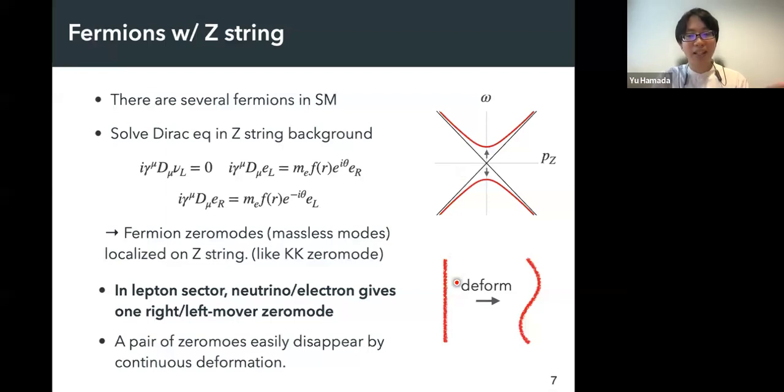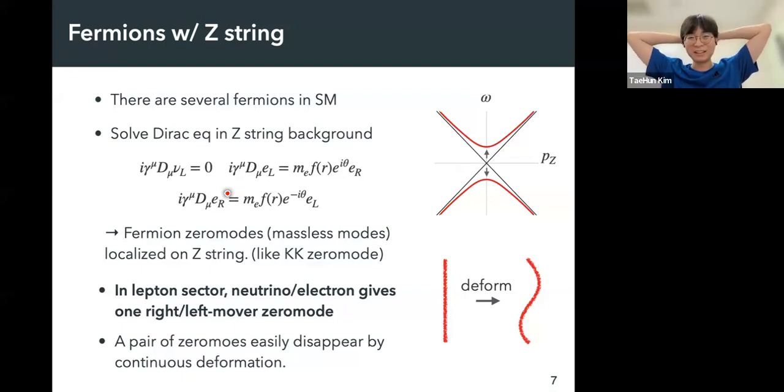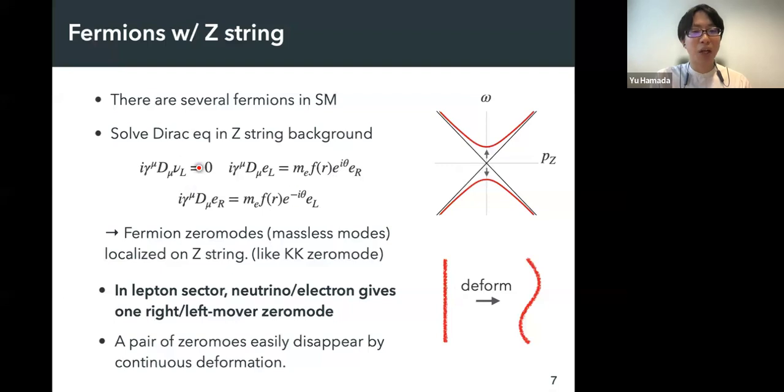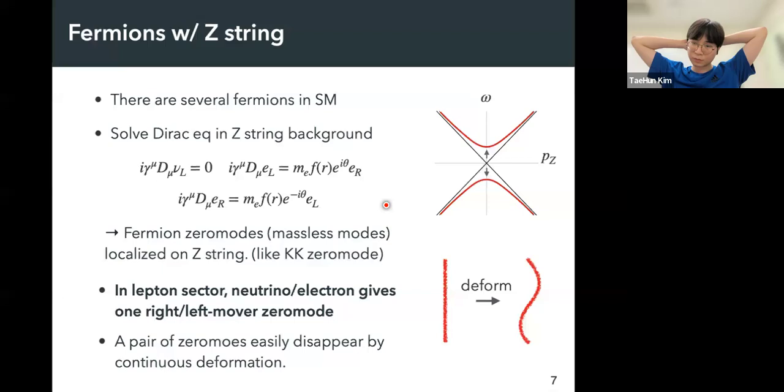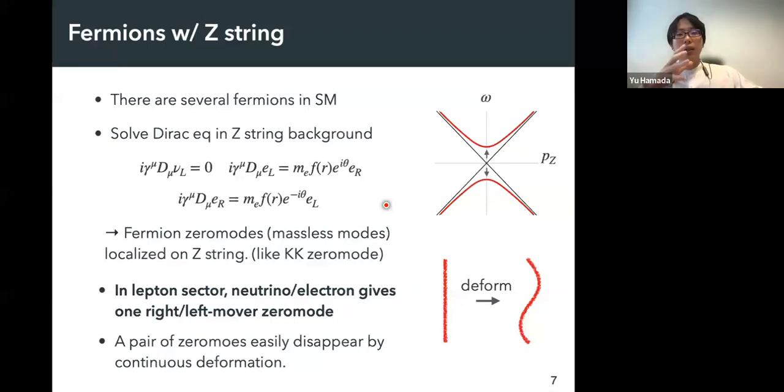For example, if we deform the string, then we cannot have a polar coordinate, right? So this equation would be very complicated, and maybe we cannot have this simple equation. Or even when we keep the axial symmetry, we can have some deformation, like breathing, a bit expanding or a bit shrinking of the string, for example. But in that case there's no disappearance of the zero mode.